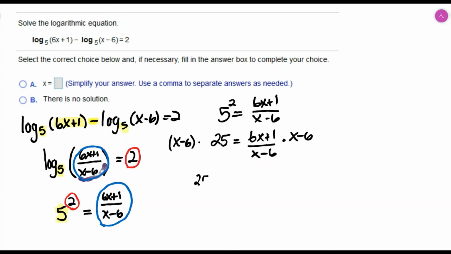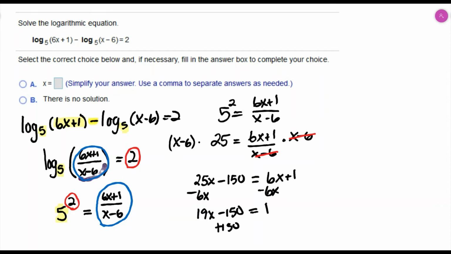That gives me 25x minus 150 equals 6x plus 1, because these guys cancel out. I want to move all the x's to the same side, so I'm going to subtract 6x. That gives me 19x minus 150 equals 1.